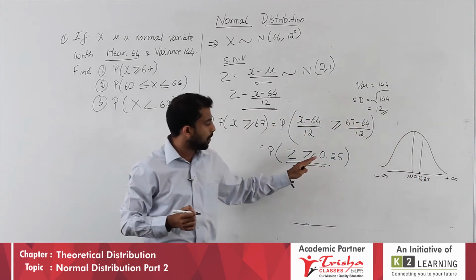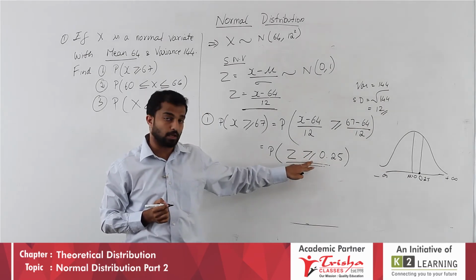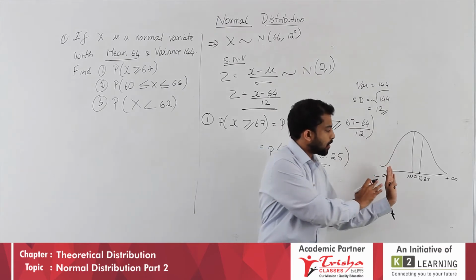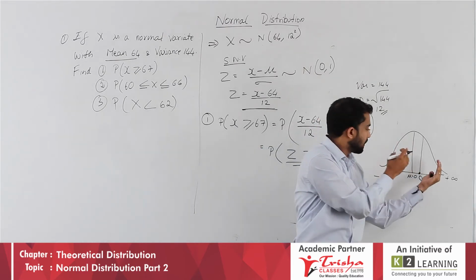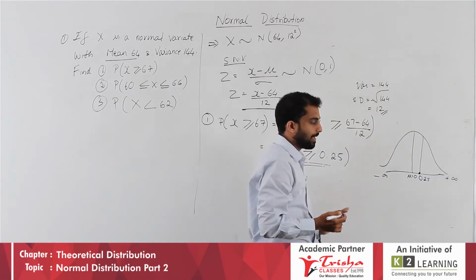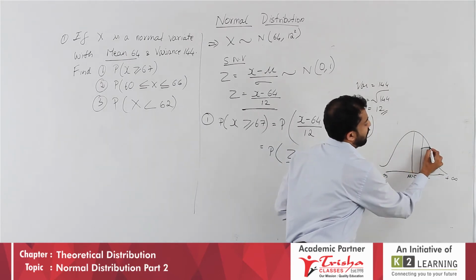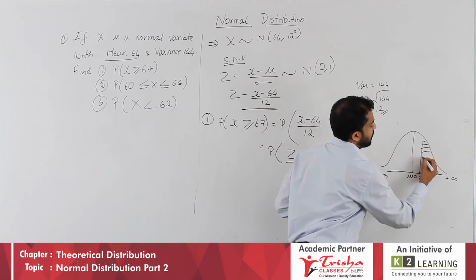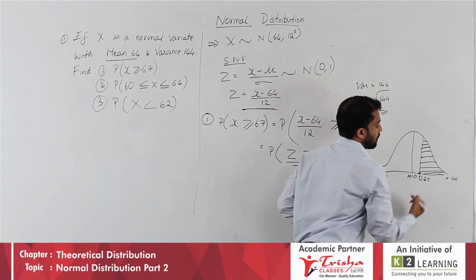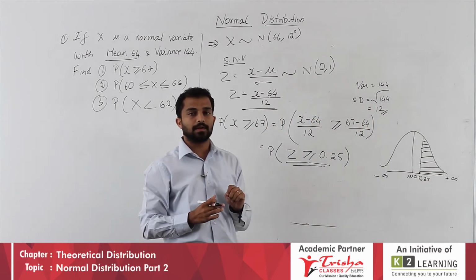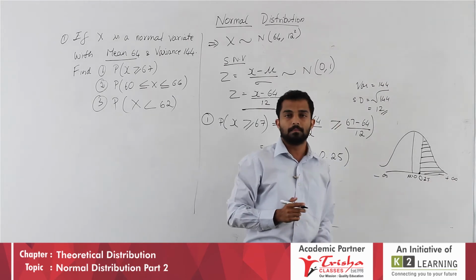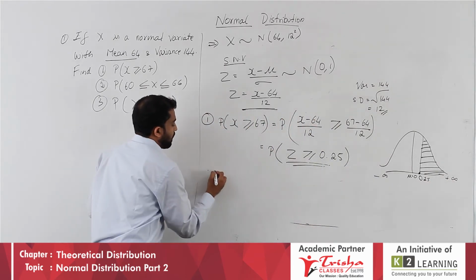Now, they have told us greater than 0.25, greater than, remember, greater than is always on the right side, less than is always on the left side. So, greater than 0.25 in the sense, they are asking us to find out this particular area. They are asking us to find this particular area greater than 0.25 up to plus infinity.